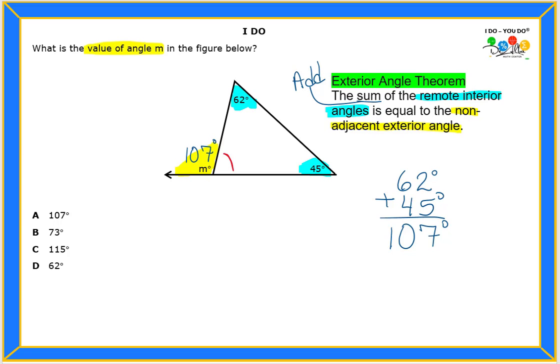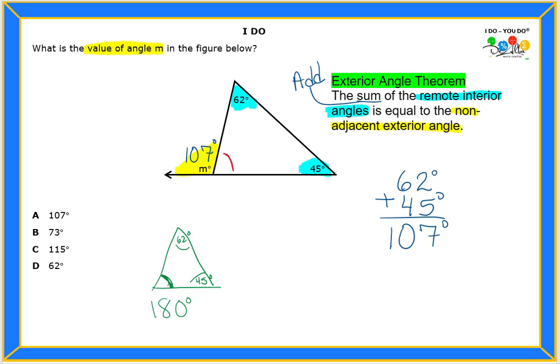So what do you know about a triangle? In any triangle, the sum of the three angles inside is equal to 180. Is that right? So if this angle is 62 and this angle is 45, how can I find this angle that is here? Well, you add 62 plus 45, which is what we did, and it gives you 107.